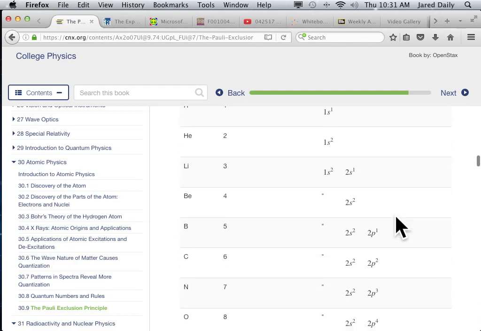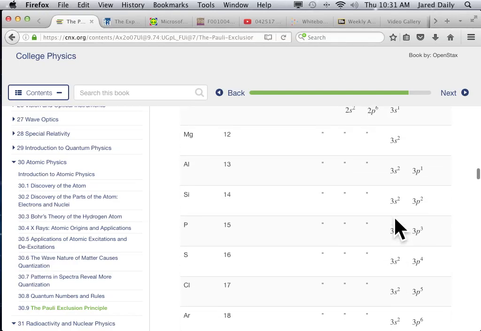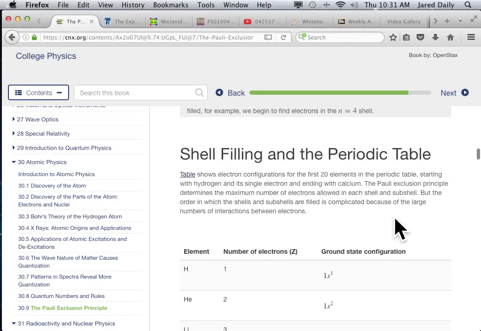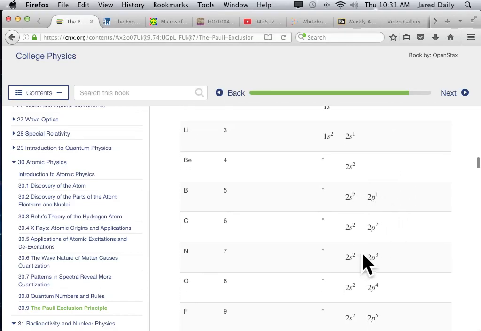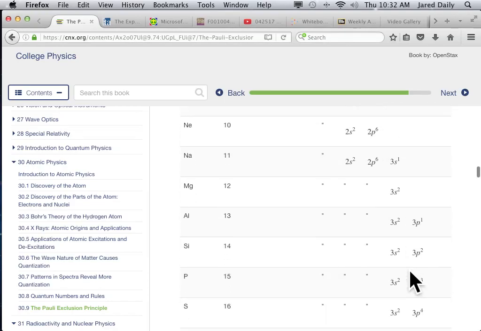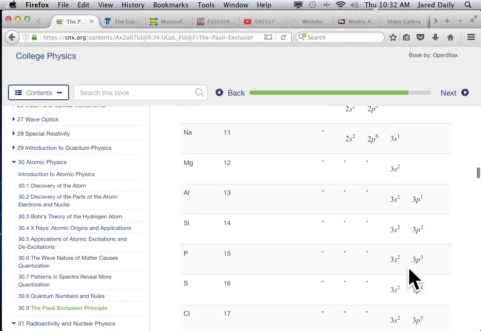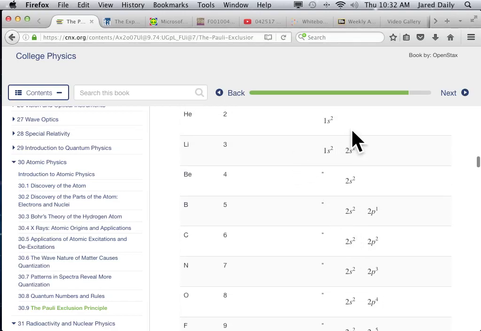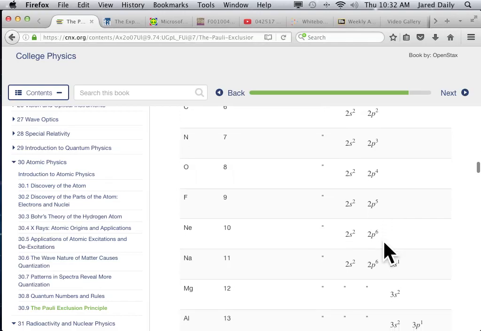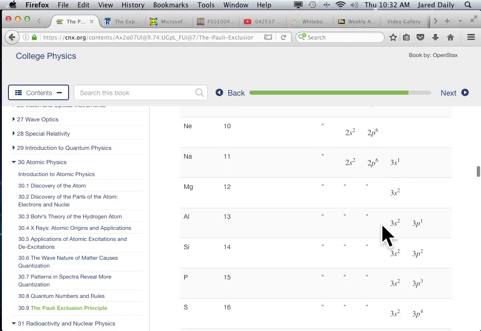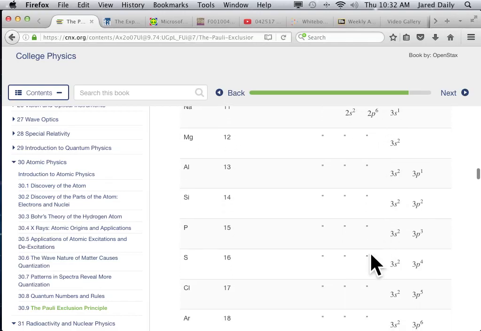So anyway, here is the table that's really going to help you, because it's going to show you the ground state configurations, and anything less than that you can put in. So the ground state of sulfur, for example, has all these things: 1s2, 2s2, 2p6 is the filling of that one, and then all the way out here to 3s2 and 3p4.